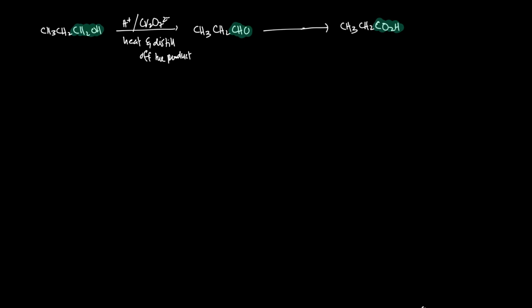Ultimately, the aldehyde will also be converted to carboxylic acid if you heat the aldehyde under reflux. So you can go directly from primary alcohol to carboxylic acid by heating under reflux. You can start with an aldehyde and go to carboxylic acid by heating under reflux. But if you start with a primary alcohol and you don't want an acid, you want an aldehyde, you will heat and distill off the product.